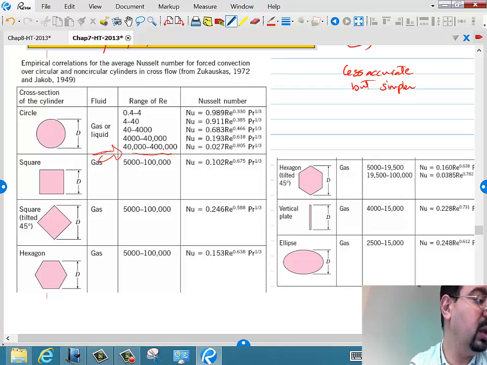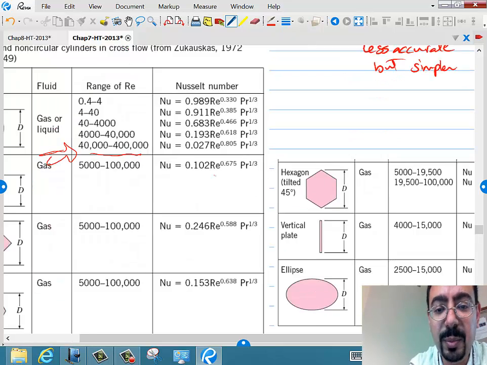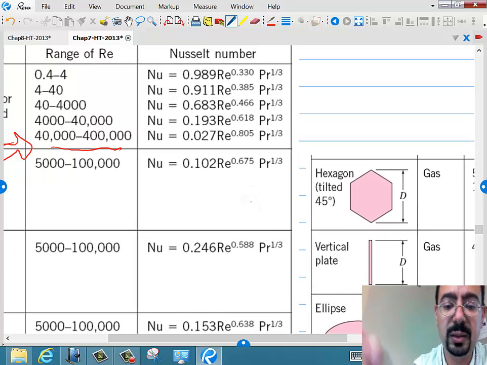So the Nusselt number would be 0.027 Reynolds to the 0.805, Prandtl to the 1/3. This one. Okay.